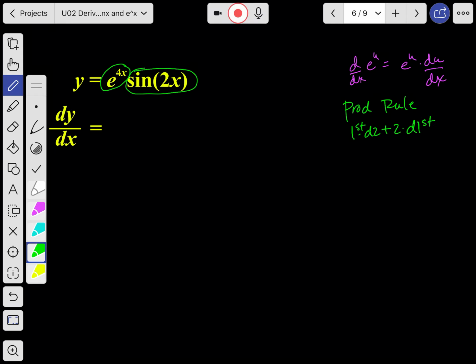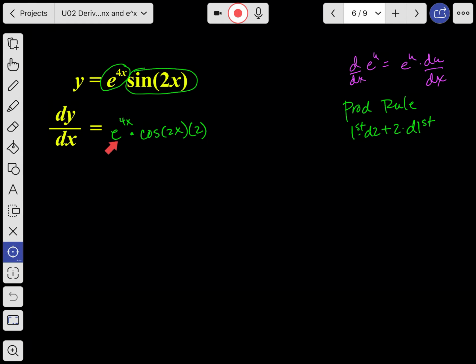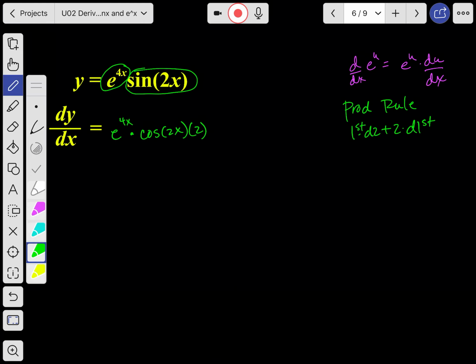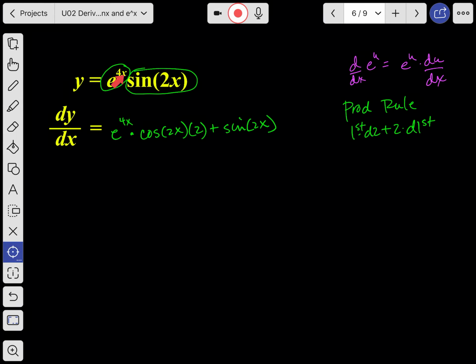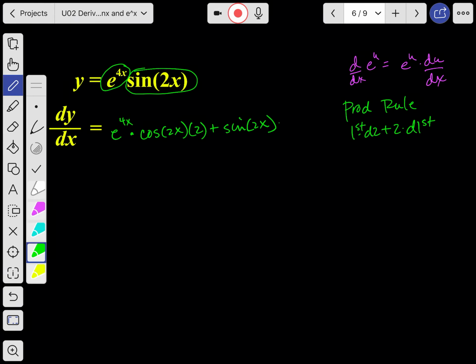All right, and so let's see, first times derivative of the second, derivative of sine is cosine, inside function times the chain. So I have first times derivative of the second plus the second times derivative of the first. Derivative of e to the 4x is e to the 4x times the chain.